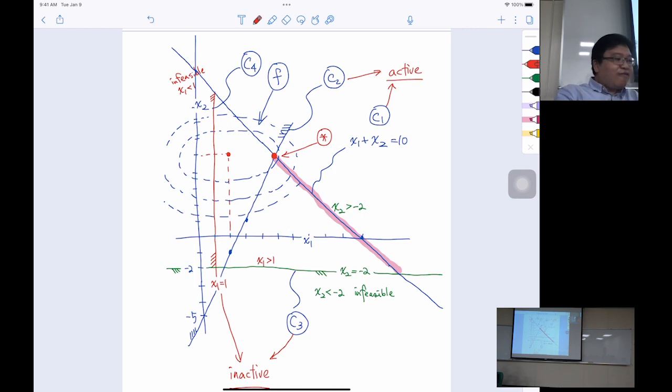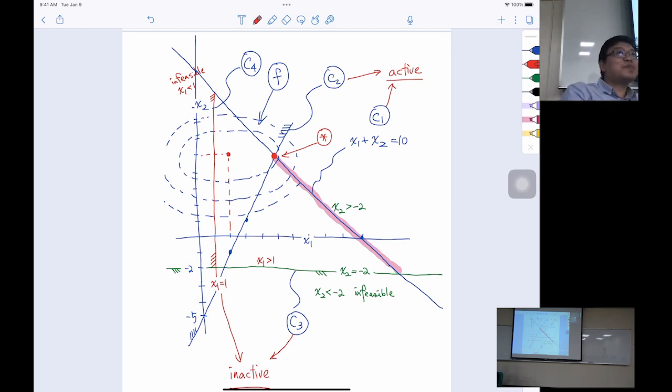Yeah, if that one plays a role, if C3 is placed somewhere else, and it will affect the position of the optimal solution, then C3 is an active constraint. So the definition of activeness basically is defined by whether a constraint is being utilized, is necessary.